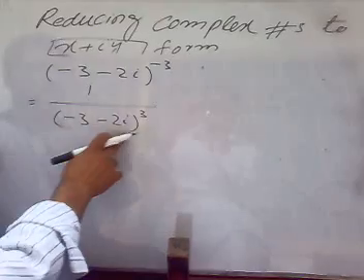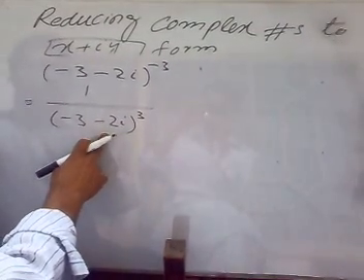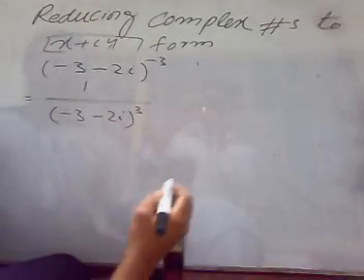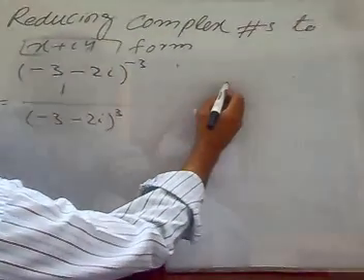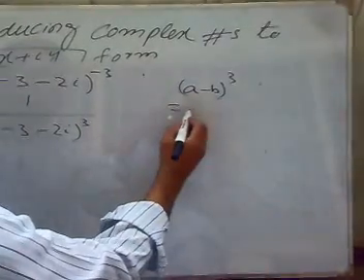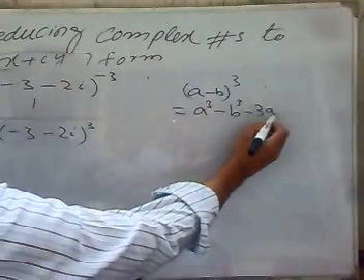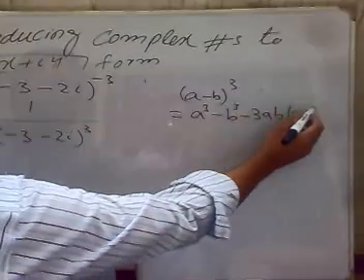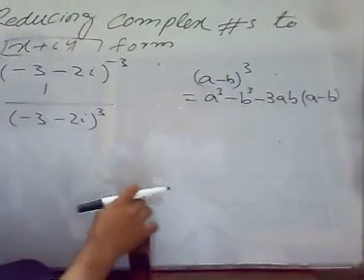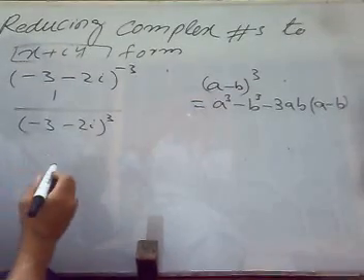To open this bracket, we will have to use the formula of (a plus b) whole cube or (a minus b) whole cube. It will be a cube minus b cube minus 3ab into (a minus b). These are the simple formulas which you learned in 9th standard, so you must remember them.